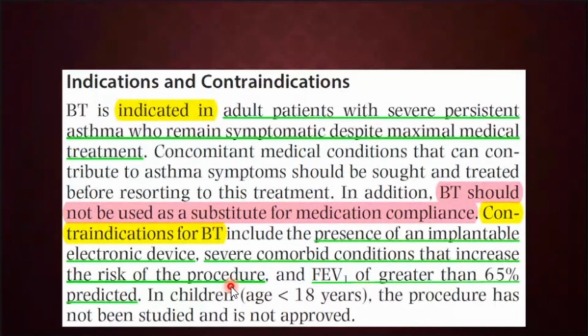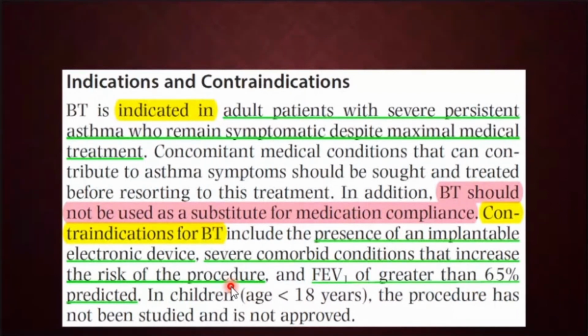Any deformity in the airway, any past infections, tuberculosis, or anything like that which already compromises the airway, is a contraindication. And FEV1 greater than 65%, that is mild to moderate disease, is not an indication for doing bronchial thermoplasty. In children, the procedure has not been tried, and therefore it is still not approved.